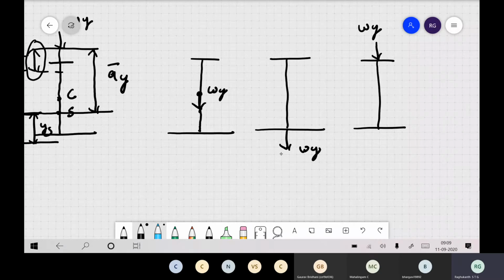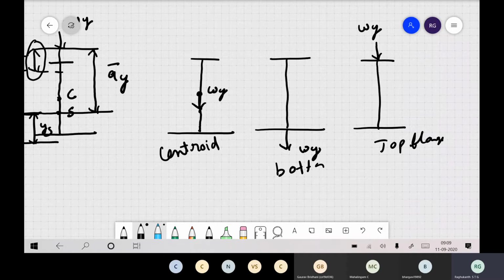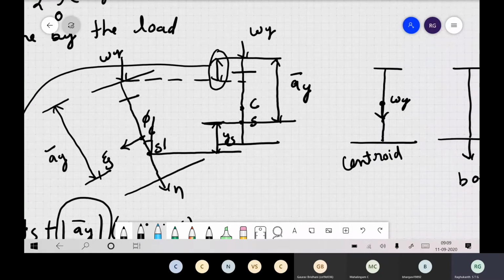One load is applied at the bottom flange, another at the top flange, and you can apply load at the centroid also. Now look at this figure: which is more dangerous for lateral torsional buckling? Even in IS 800 there is a description about these things.